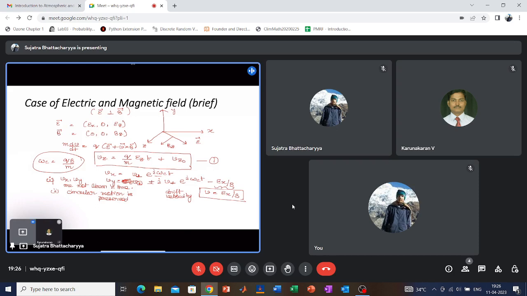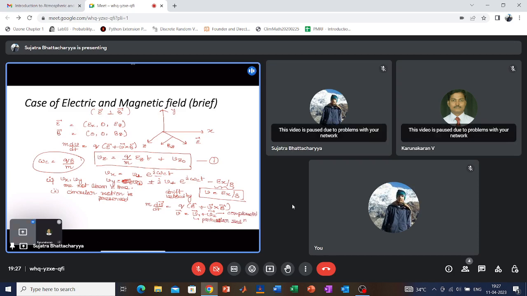Okay, and again if we write this expression that m dv by dt is nothing but q into E plus v cross B, we cannot neglect any term here. And then writing that v is equal to v1 plus v2, this v1 is the particular solution which we have got, and this v2 is the complementary solution.